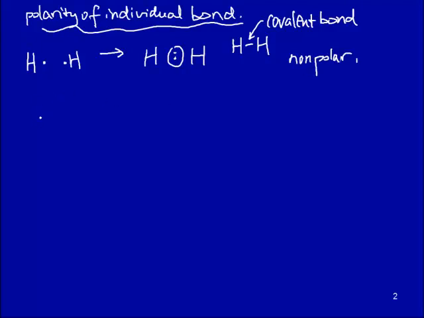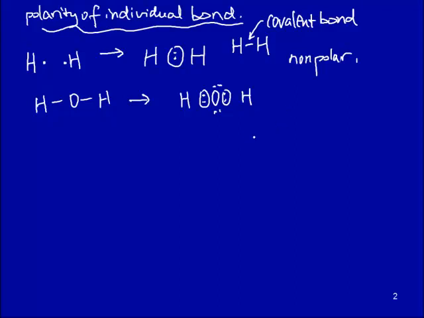When you examine the one particular bond formed between hydrogen and oxygen in water, as you can see, the pair of electrons is much closer to oxygen as compared to hydrogen. In this case, it's because there's a large difference in electronegativity.